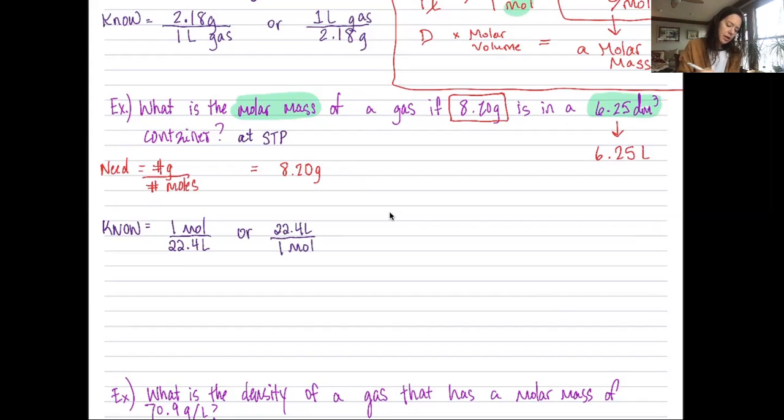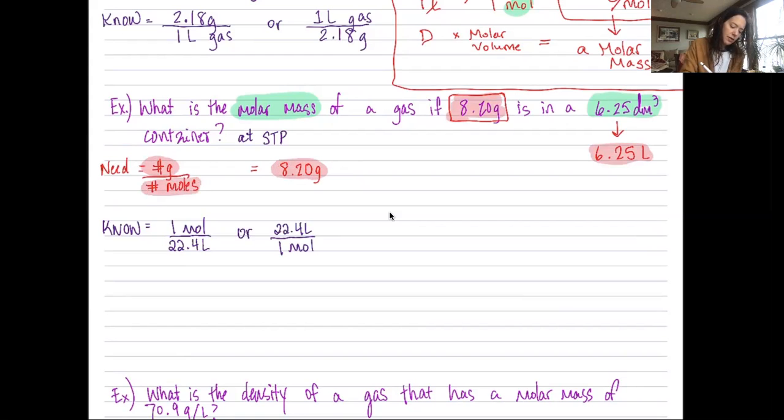All right, now I've got a mass of a gas in a given volume of gas. So I could use that to get my density. In order to get my answer, I need to know my mass of gas. I have it, and I need to know the number of moles of gas.